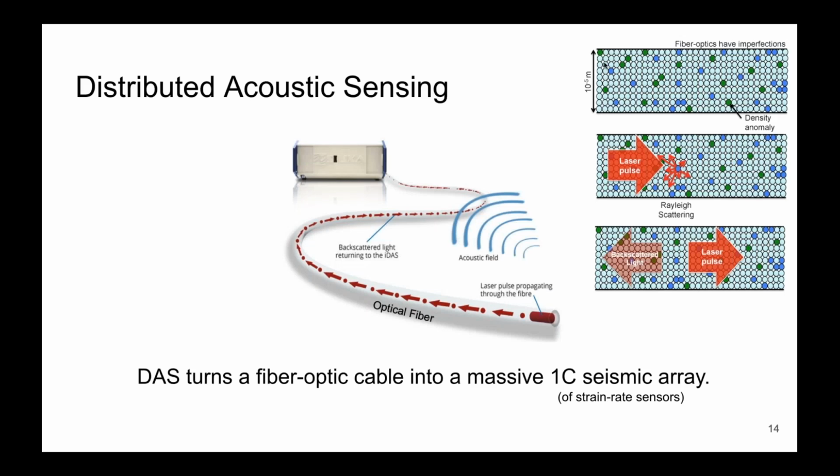There are changes in index of refraction just due to the manufacturing process, which mean that when you send in light, you're going to Rayleigh scatter off of any point here, and it's that transition that you're going to use as a time of flight out and back, given the known speed of propagation of laser light inside of the cable.